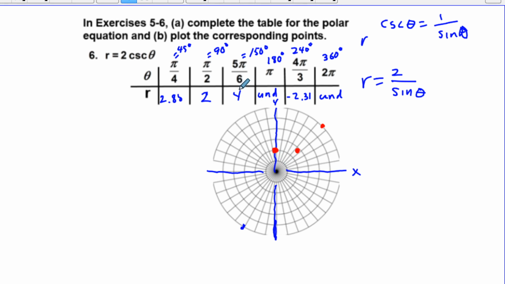We have 5 pi over 6, which is right here. It's going to be 4. So 1, 2, 3, 4.